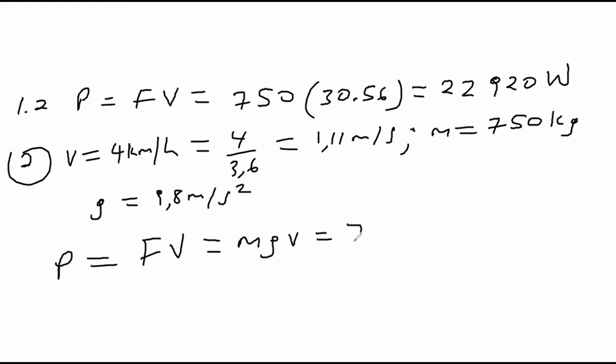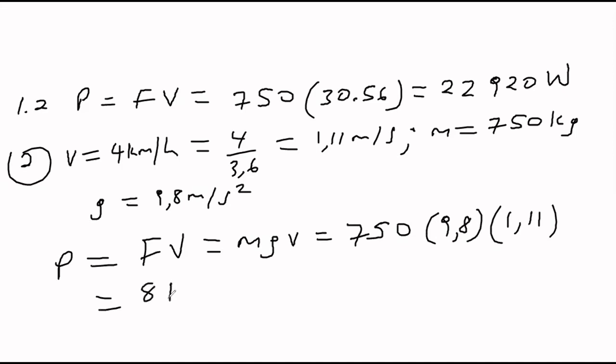The mass is 750, g is 9.8, and the speed is 1.11. Let's make the calculation: 750 times 9.8 times 1.11. The answer is 8,158.50 watts.